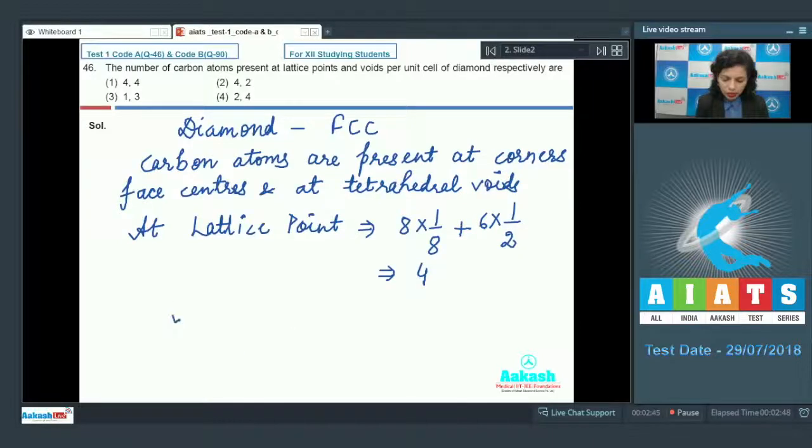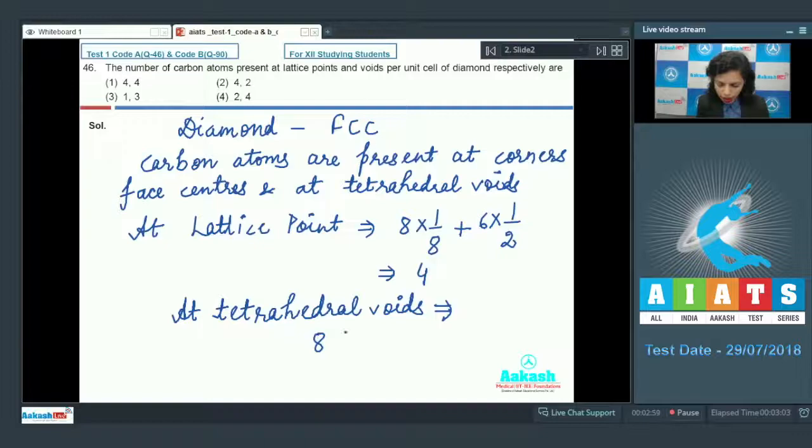And further at tetrahedral voids, there would be a total of 8 into 1 by 2. Half of the tetrahedral voids, basically alternate tetrahedral voids, are occupied by carbon atoms. So simply it would also be 4.